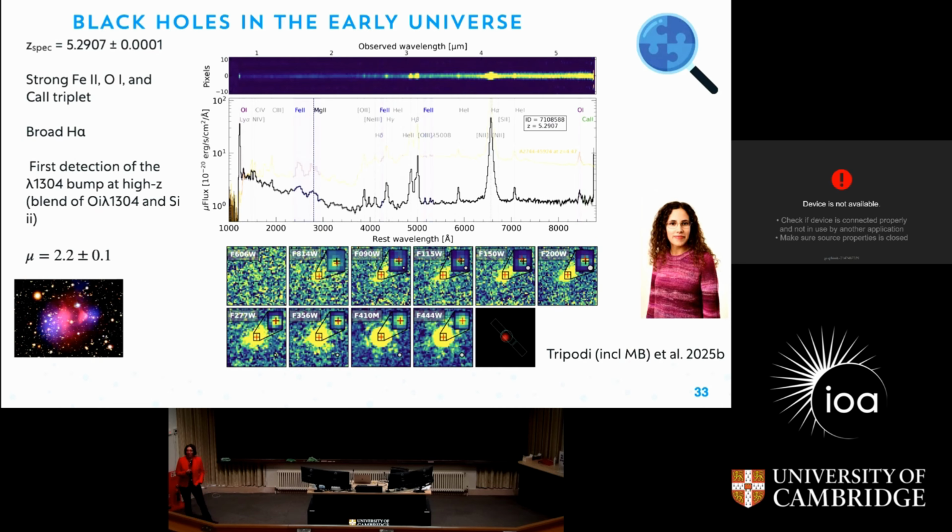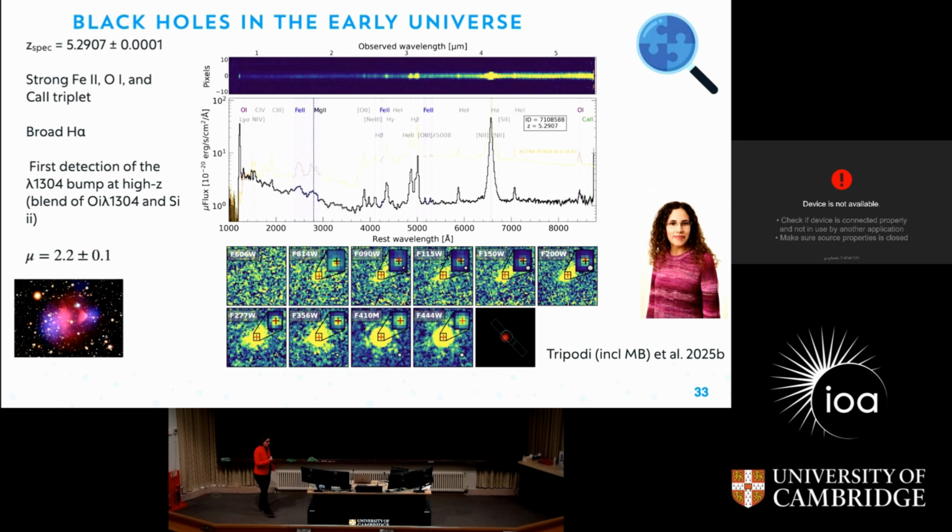So again, a lot of elements, chemically mature galaxies at redshift 5.3, and the lines that we are only used to observing at low redshift for quasars. So that's exciting that we can now do this at high redshift.